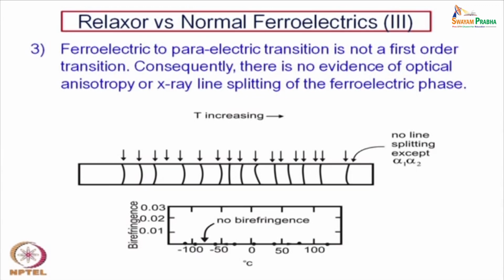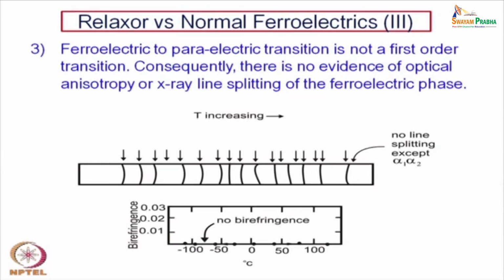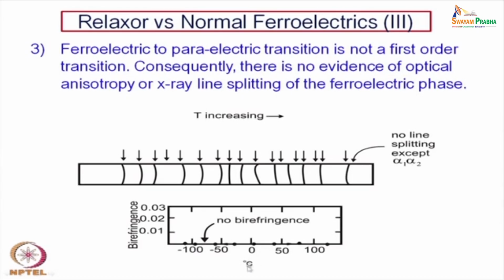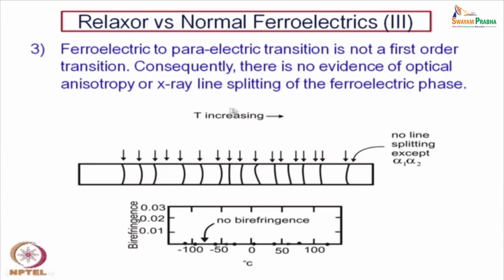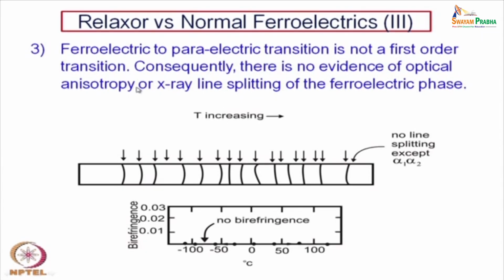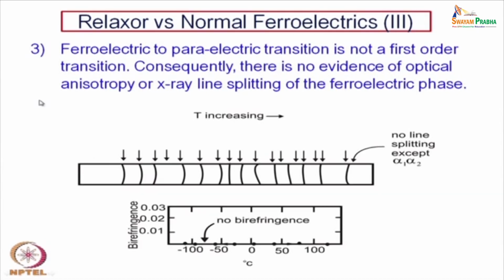So, the optical refractive index is not dependent on the particular crystallographic direction. So, this is another, third point of difference between the normal ferroelectrics and the relaxor ferroelectrics.